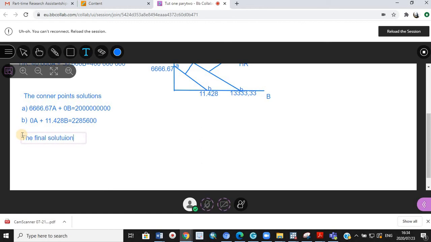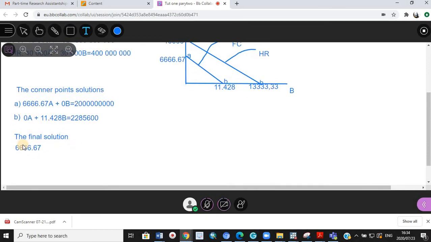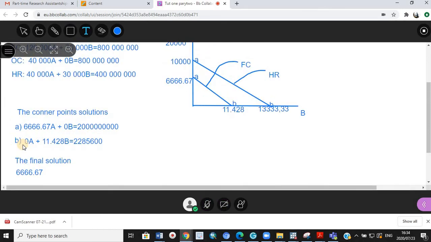In this case, the final solution is going to be 666.67 A. Sorry, I'm just going to isolate it.